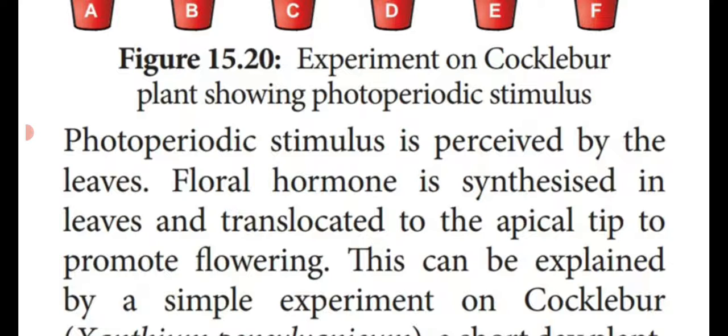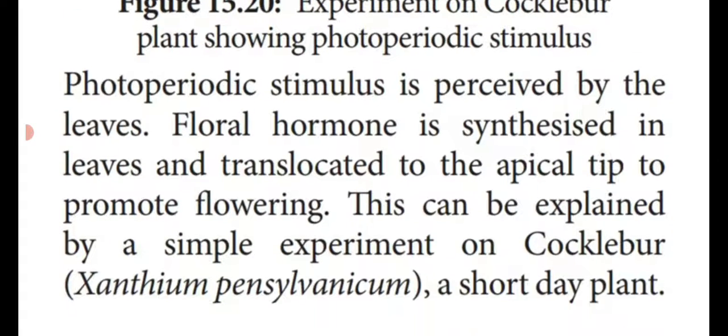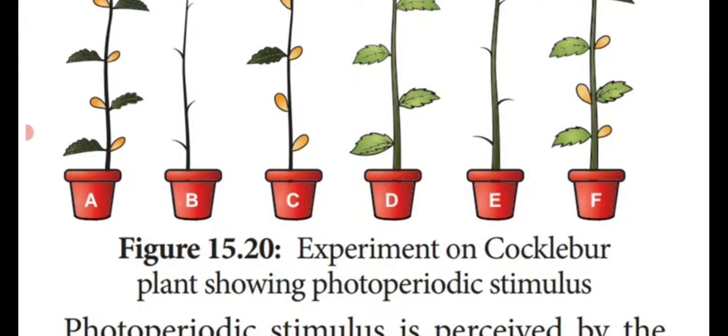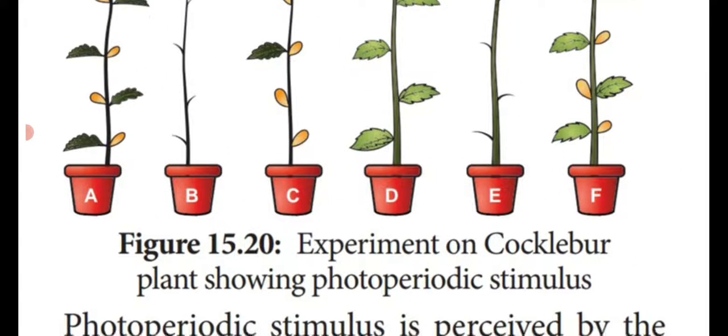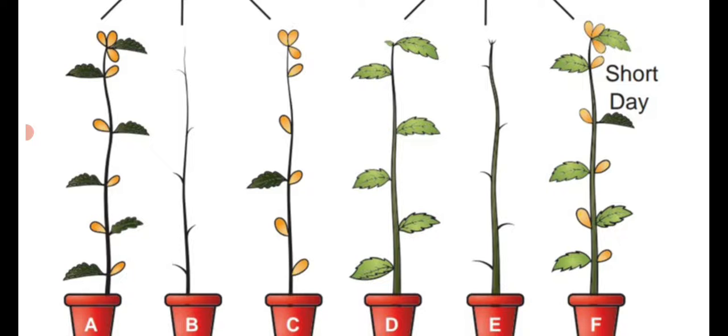A floral hormone is synthesized in the leaves and translocated to the apical tip to promote flowering. This can be explained by a small experiment on the cocklebur plant, that is Xanthium pennsylvanicum, a short day plant, which is used to prove the photoperiodic induction.